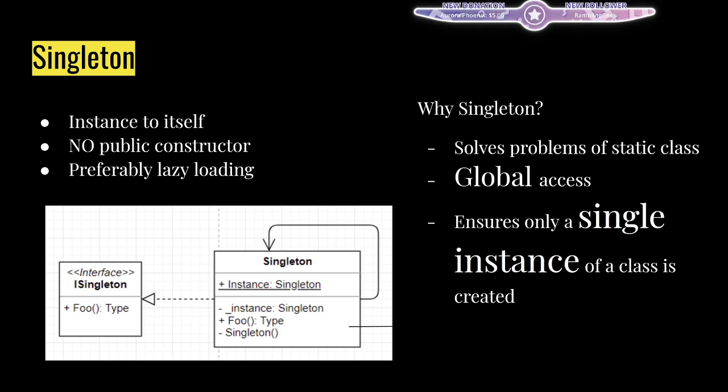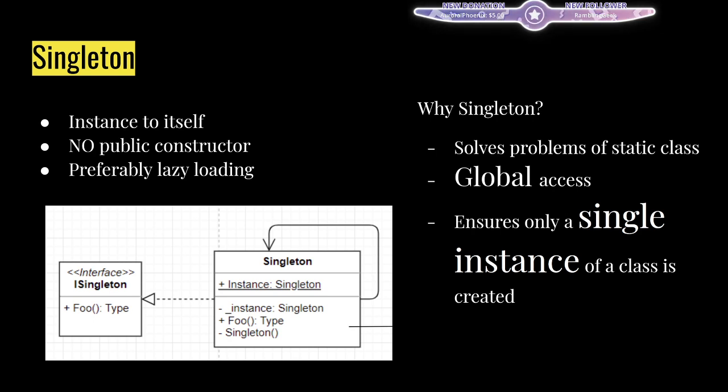So how do you implement something that has a single instance, that you cannot create more than one instance of and that you can have global access to? Well, the answer is by having an instance to yourself. So singleton has an instance to itself.